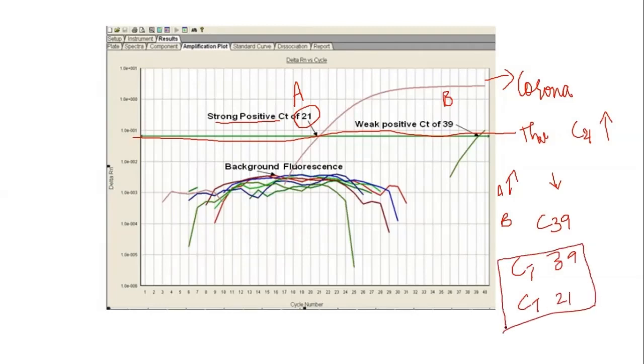So now we can say what the viral load is based on the CT. We know that sample A has a high viral load and sample B has a low viral load. But from this picture, we cannot say exactly how much virus is present in sample A and sample B. That's why we go in for absolute quantification.